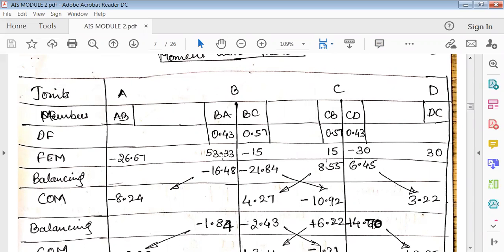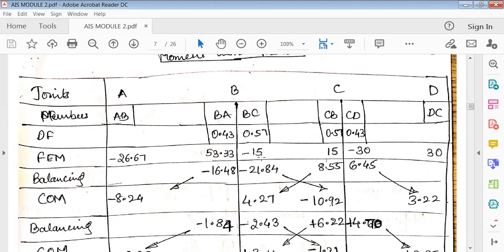At B, it is plus 53.33 minus 15. Use the calculator. Whatever the signs are, plus 53 minus 15, so add them. 53.33 minus 15 is 38.33.